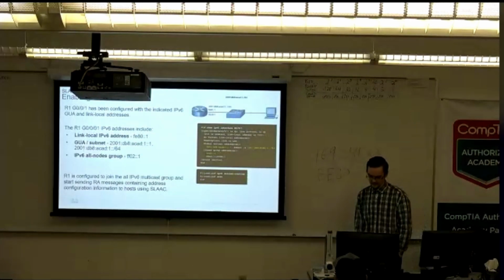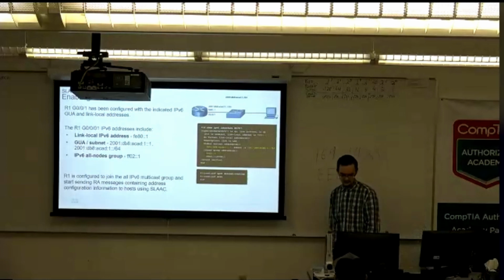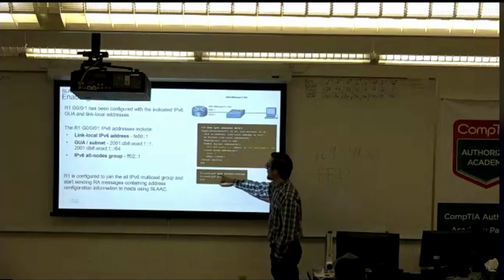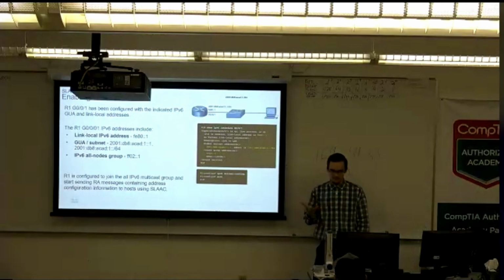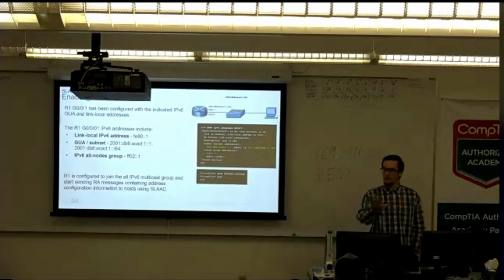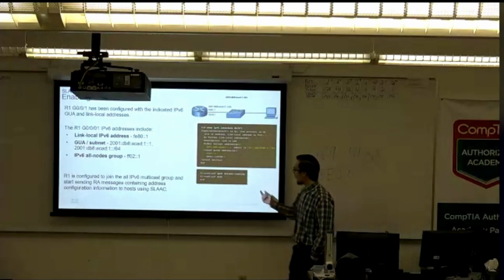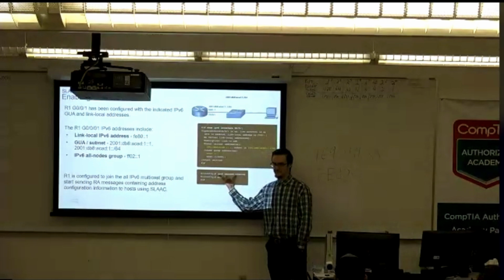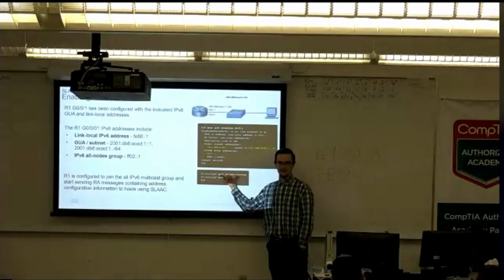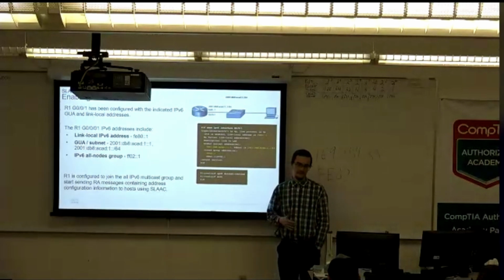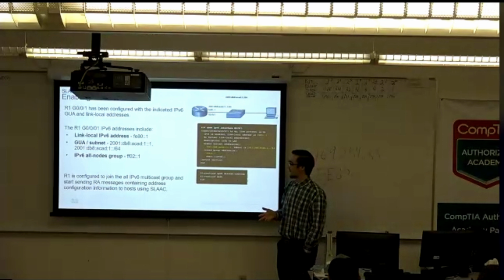All right, so enabling SLAAC. This is how you enable it: ipv6 unicast-routing. That's it. Then the router is sending out RAs. This is all you need to do to configure automatic host addressing on a router. And someday this is going to be enabled by default. It just will. Okay.